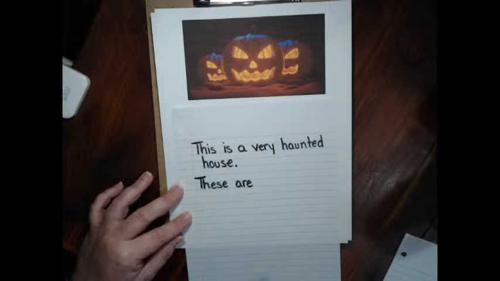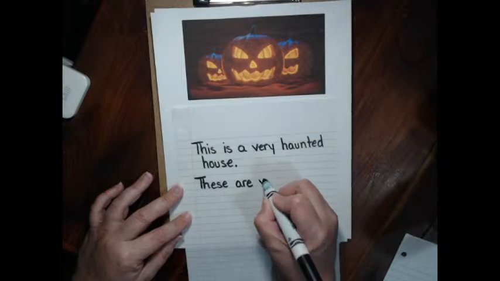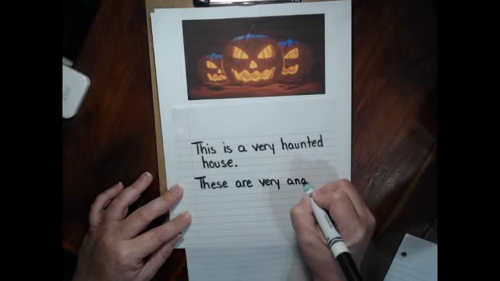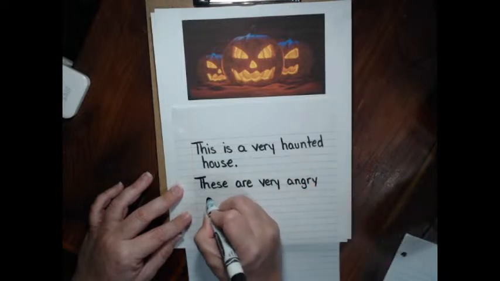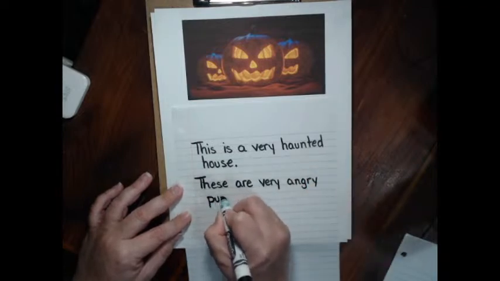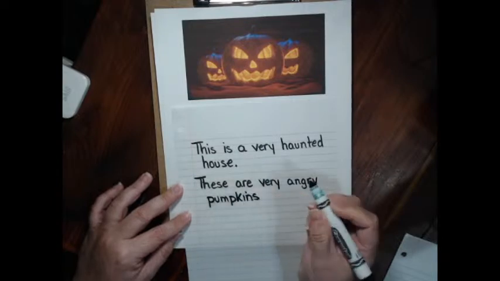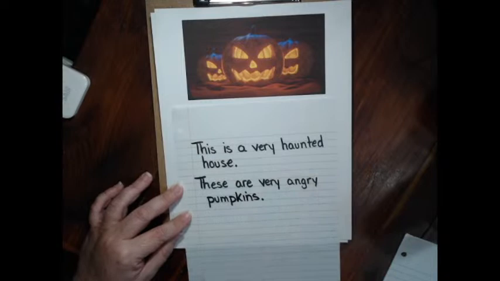Although scary kind of works with these. They kind of look a little angry to me. So I'm going to say these are very angry pumpkins. These are very angry pumpkins.